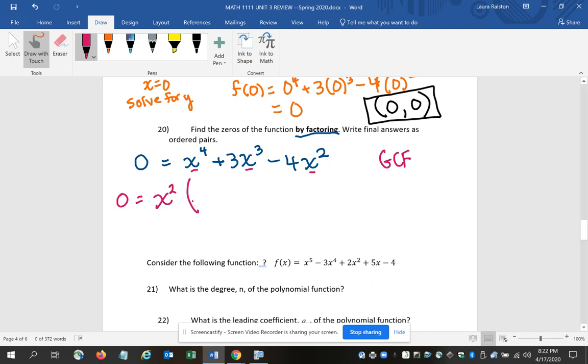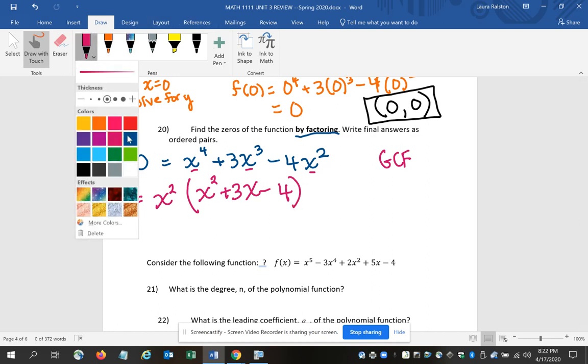So I'm going to factor it out. x to the fourth, and I took 2 away. That leaves me with x squared. Plus 3x cubed, I had 3. I took 2 away. I'm left with 1, so 3x. Minus 4x squared, so I got minus 4. I had 2. I took 2 away. I have none left.